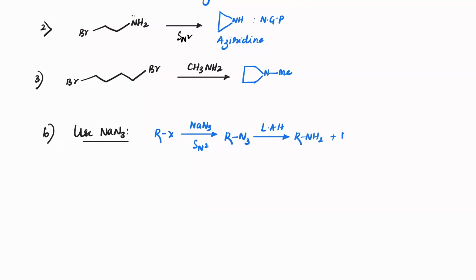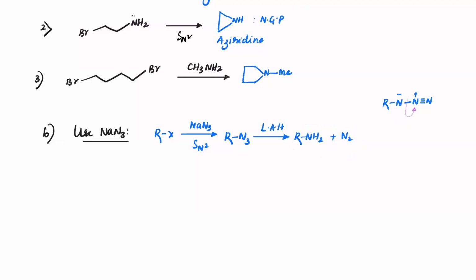See how that is possible? Check R-N triple bond N, plus and minus. This is how the structure is. When you react with H minus, this group will go away and that H will come on nitrogen. That's how you will get RNH2.